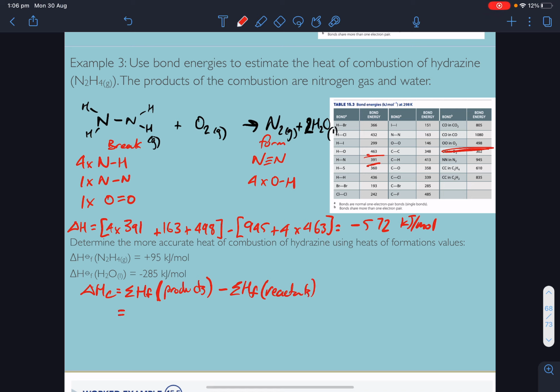So it's going to equal, big brackets, the heat of formation of N2, plus 2 times the heat of formation of water, minus the heat of formation of hydrazine, N2H4, plus the heat of formation of O2.